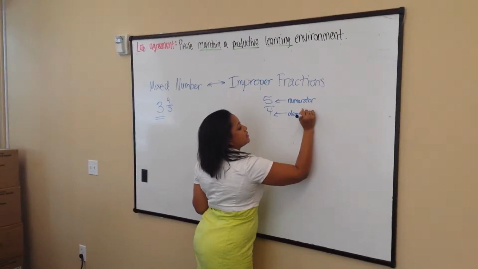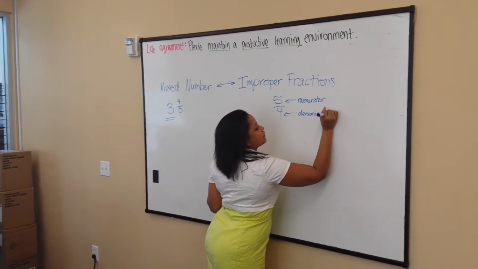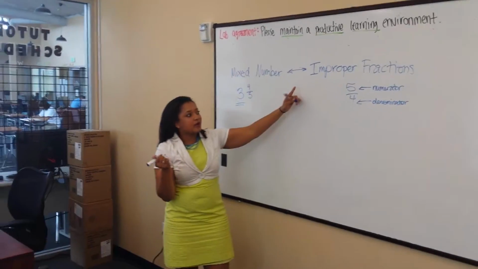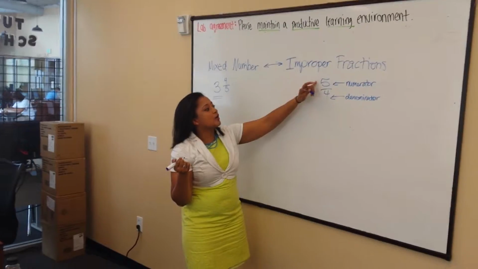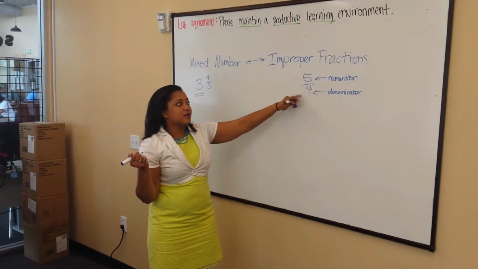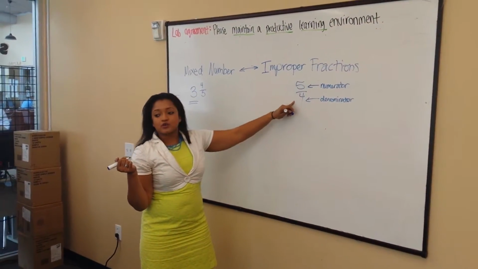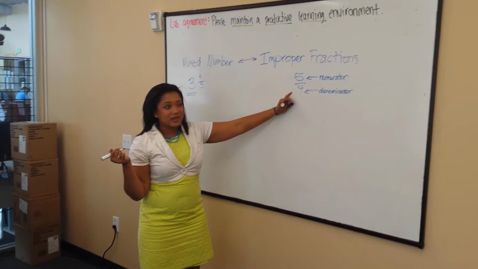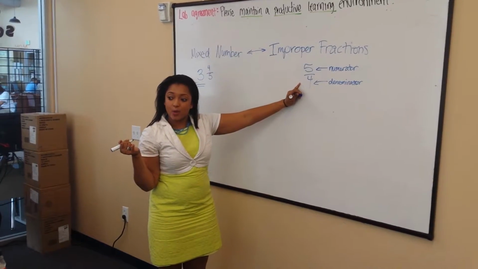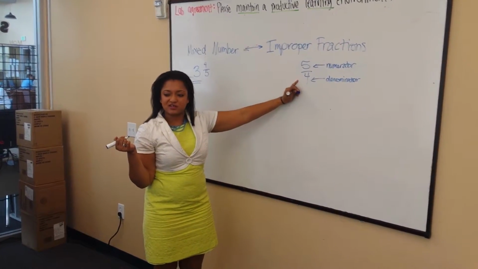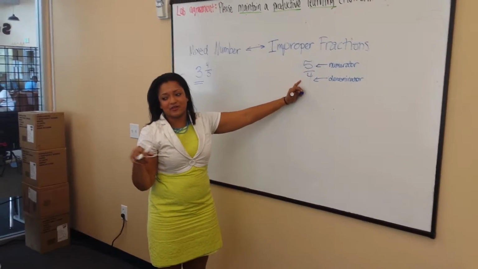So an improper fraction is a fraction where the numerator is larger than the denominator. If the numerator is larger than the denominator, that means we have a number that is larger than 1. Does that make sense? Yeah. You got that right off the bat.